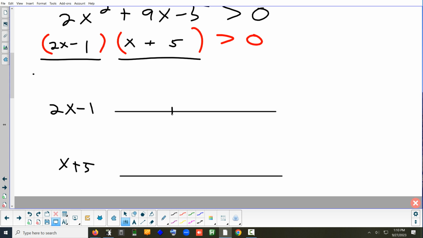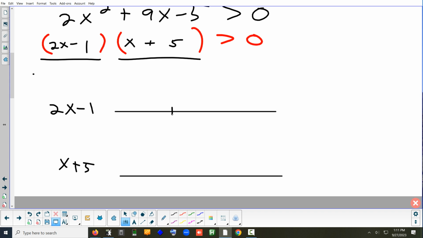What number would you plug in? So we're looking for a number you would plug in for x that would give you 0 when you do it out. So it won't be a negative.